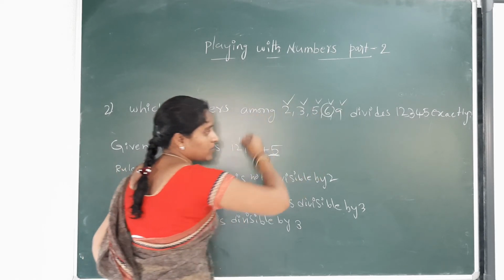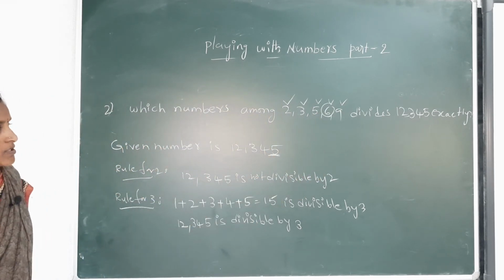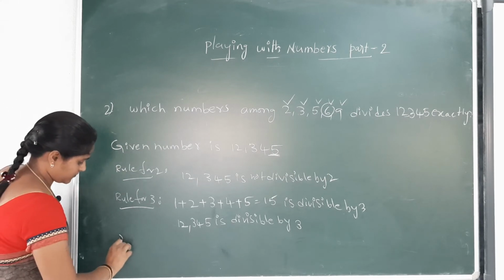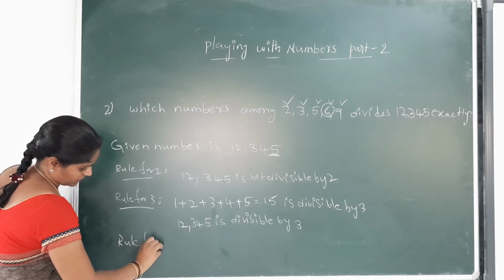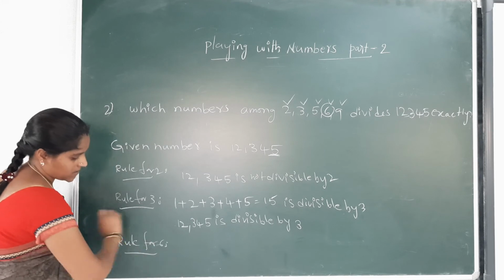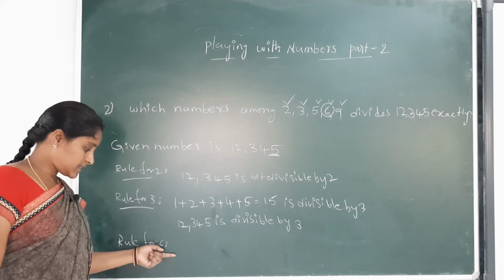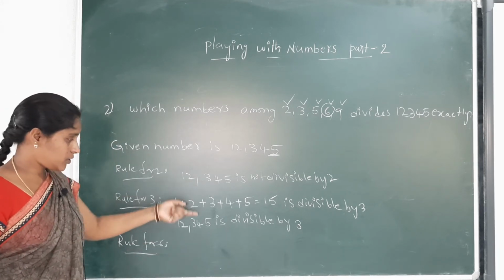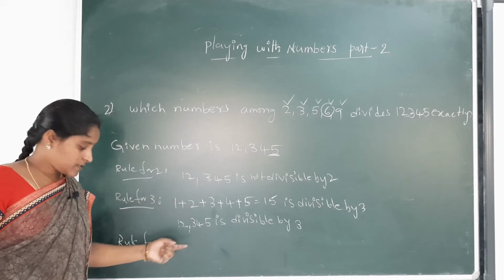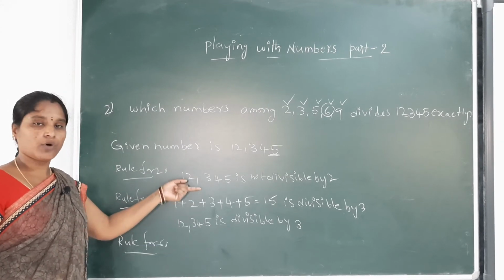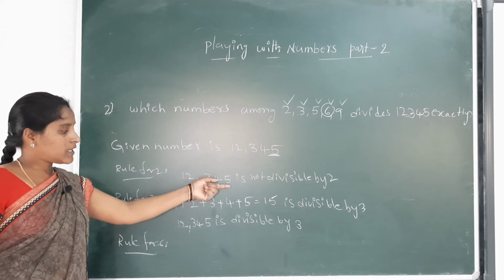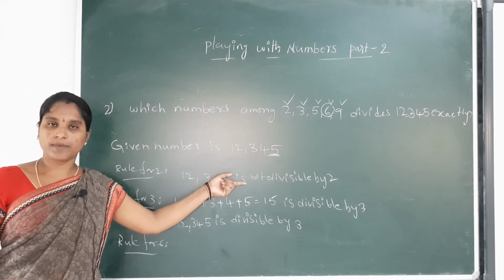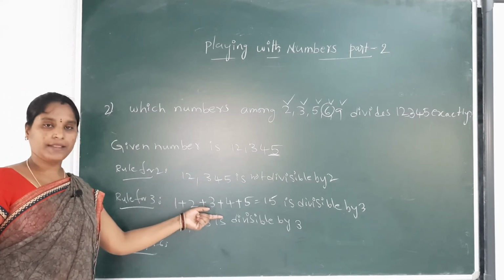After that, we have to check the rule for 6. What is the rule for 6? A number is divisible by 6 if it is divisible by both 2 and 3. 12,345 is not divisible by 2, but it is divisible by 3.